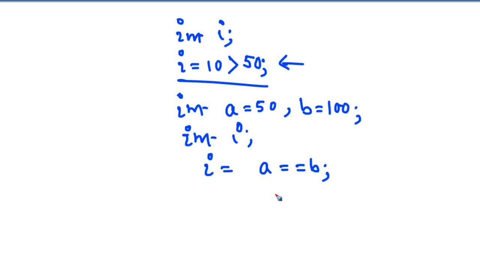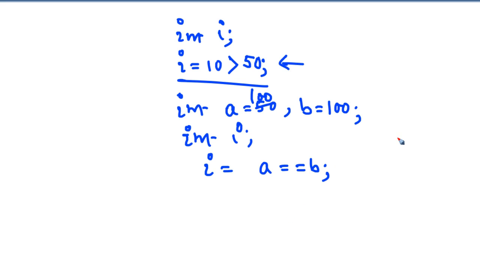If they are equal, it returns 1. If they are not equal, it returns 0. Now in this case, A is 50 and B is 100, so equals to fails. So the value of I is going to be 0, because the equality operator returns 0. Otherwise, had we initialized A with 100, then equals to would return 1 in that case. So in that case I would be 1.